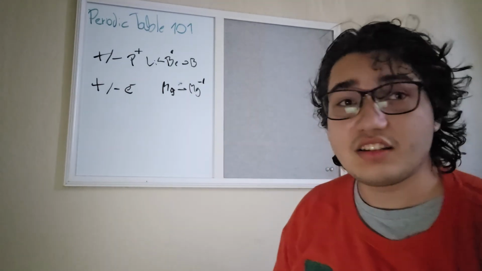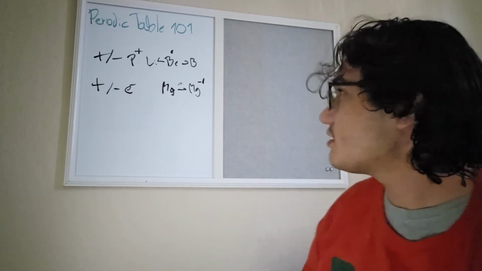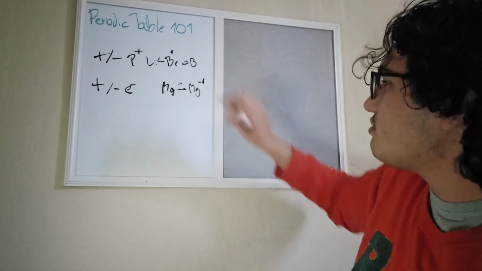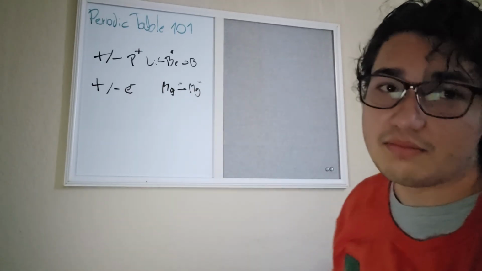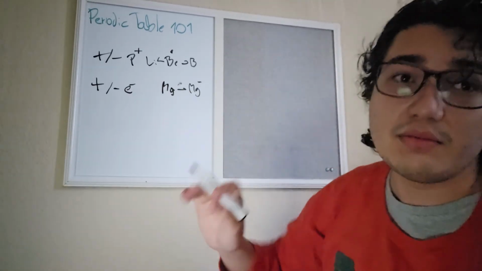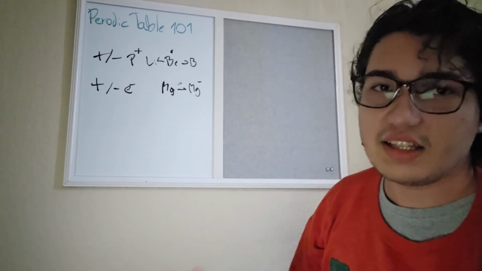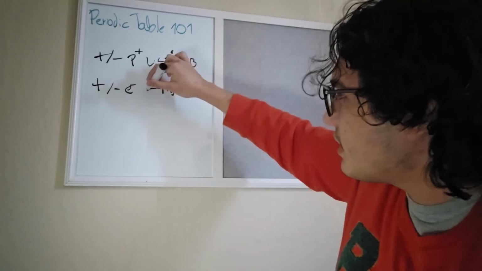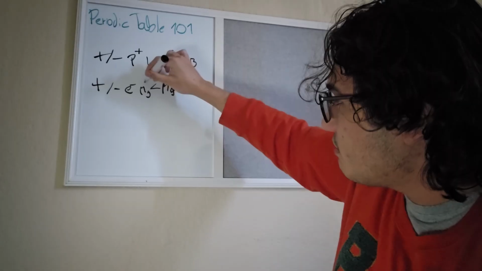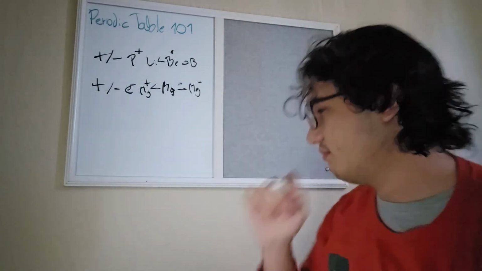By adding an electron, you make it more negatively charged, so you get -1, although it's mostly simplified to just a minus sign when it comes to just 1. If it were more, then you would actually put the number. Which means that if you remove an electron, it becomes magnesium plus 1.